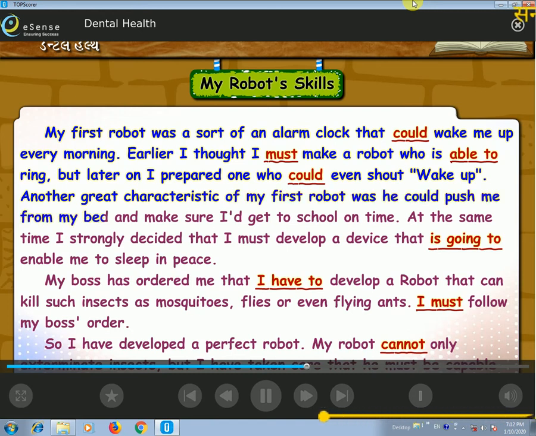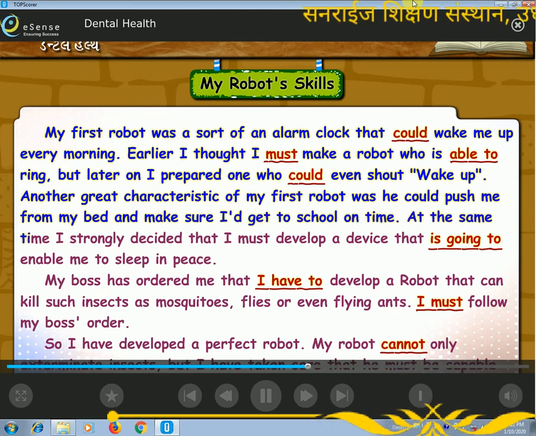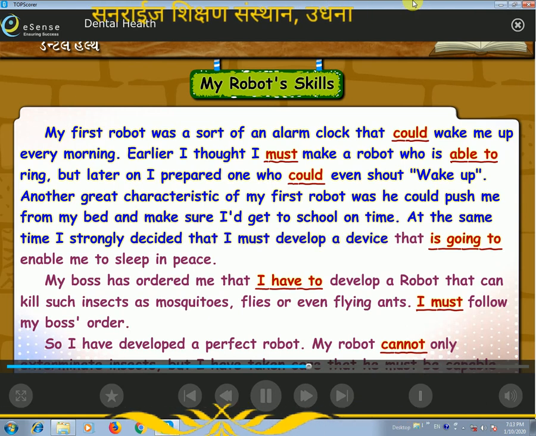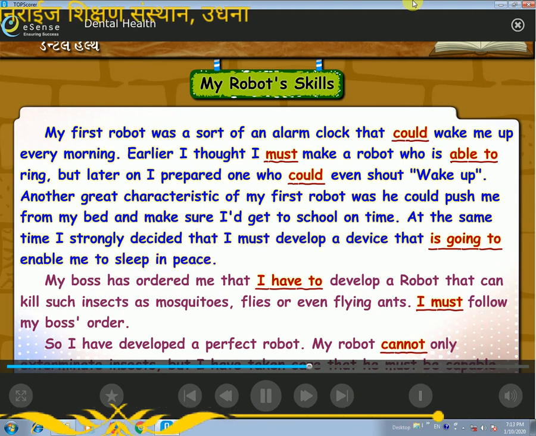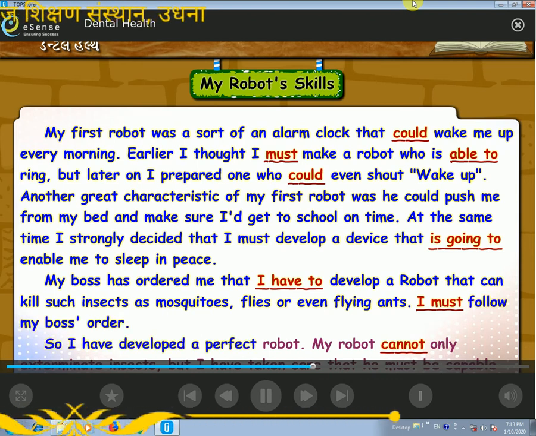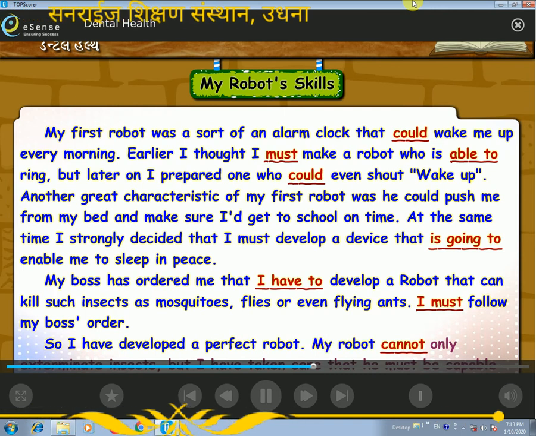My boss has ordered me that I have to develop a robot that can kill such insects as mosquitoes, flies, or even flying ants. I must follow my boss's order. So I have developed a perfect robot. My robot cannot only exterminate insects, but I have taken care that he must be capable of vacuum cleaning the floor to get rid of the dead insects.